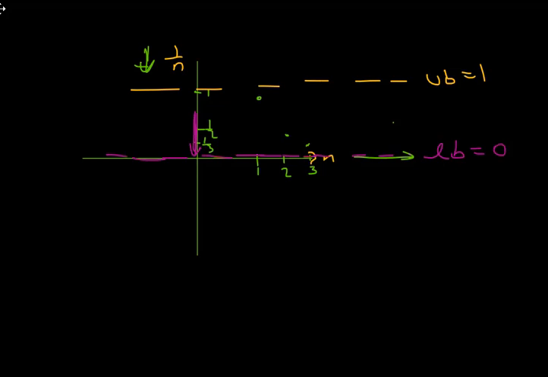Let's see if it is the greatest and the least. As I have told you, when n is half, let me use half here, the value of 1 over n, like 1 over 1/2, is 2, so it goes to 2 here. When n is 1/3, it goes to 3, which means when n is close to zero, the value of 1 over n gets bigger and bigger.